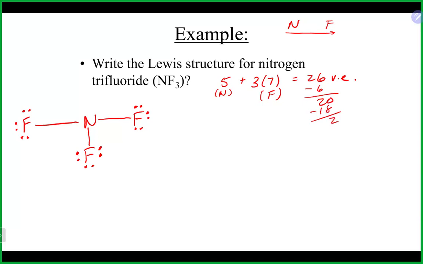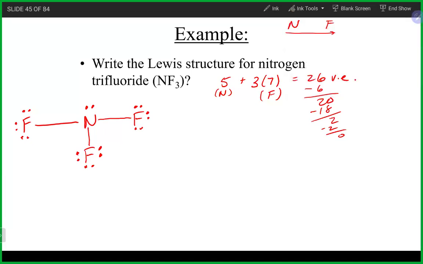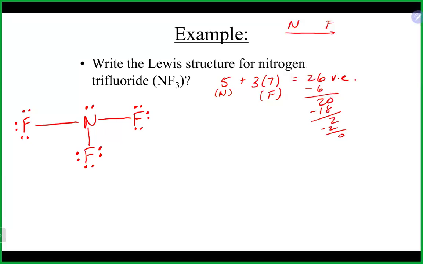At this point, those 2 electrons will go to the center atom, and it will also go on as a pair of electrons. I've now put on all 26 electrons. What I want to check at this point is, does everybody meet the octet rule? So fluorine here, 2, 4, 6, 8.